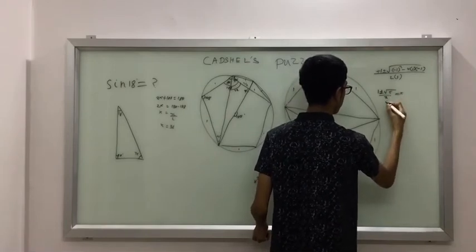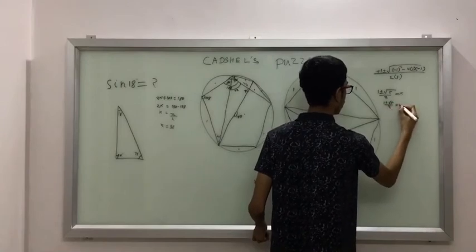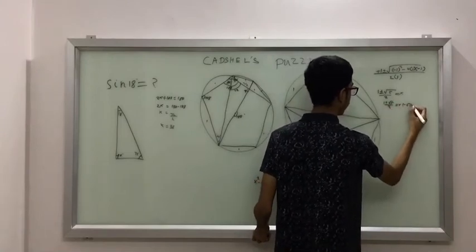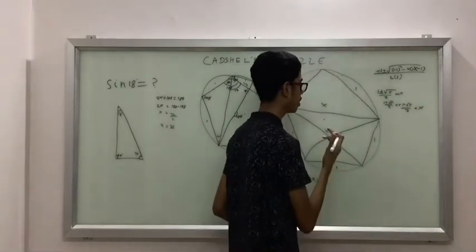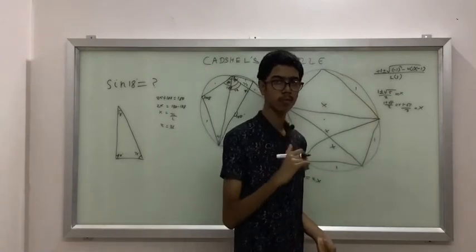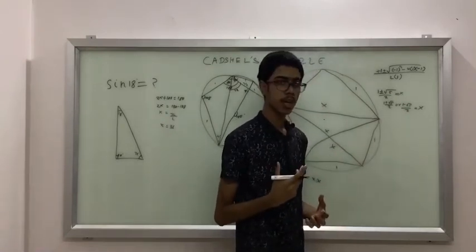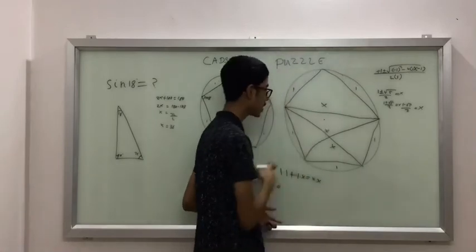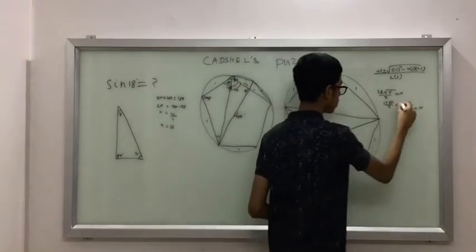That means x is equal to 1 plus square root of 5 by 2 or 1 minus square root of 5 by 2. Now 1 plus square root of 5 by 2 is positive, and 1 minus square root of 5 by 2 is negative. But think, a side length will always be a positive value only, so this is wrong.